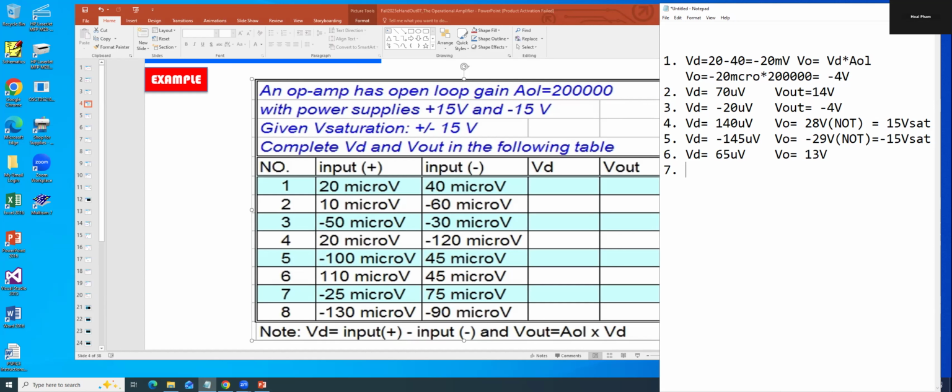Okay, 7 minus 25 plus 25. Is it 100? Yeah, it's minus 100. I was thinking the same thing. Is that minus 100? I'm not sure. I did seven negative 25 minus 100.